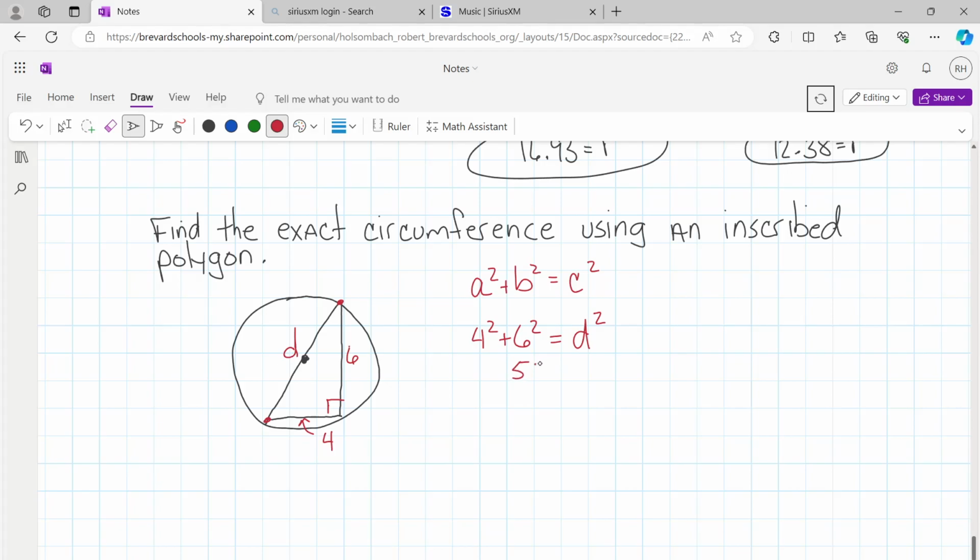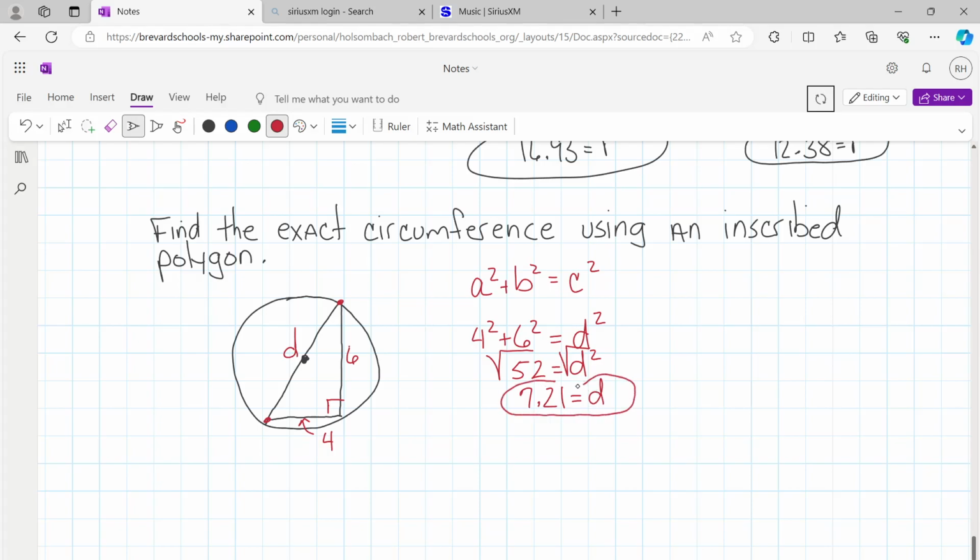So 52 is equal to the diameter squared. Now, if we square root each side, and again, you've got the 52 sitting on your calculator, push the square root button. So 7.21 equals the diameter.